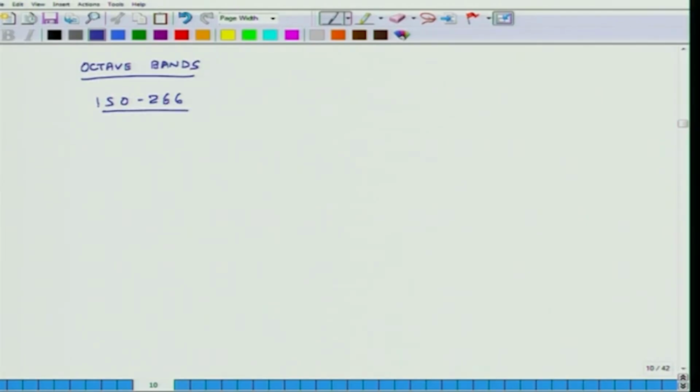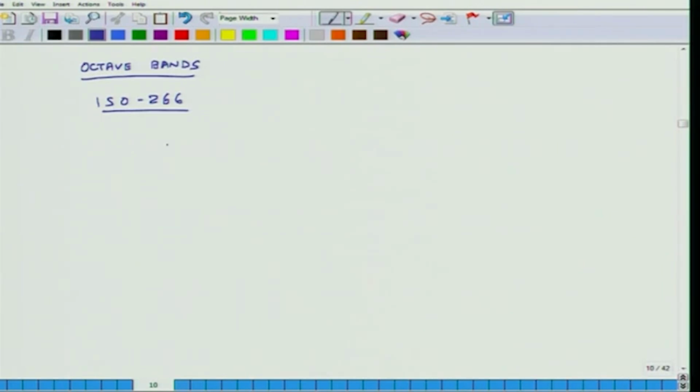This is a document, you can go and purchase it online. It has been developed by the International Standards Organization and the number is 266, and this actually defines all industry standard octave bands. But before I explain what these bands are, I will define 2 other things.